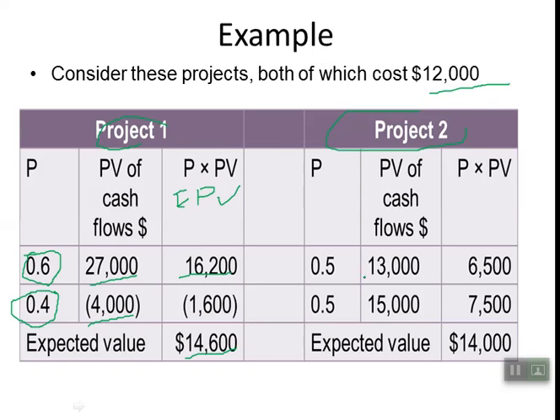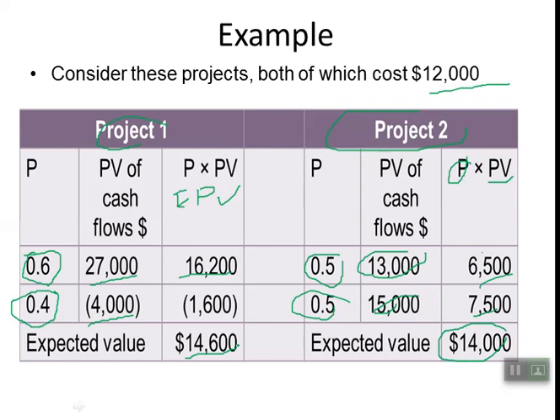So for project 2, these are the probabilities 0.5, 0.5, and these are the cash flows. As I said, to get the expected present value, you get the probability of your cash flows, then times the present value cash flow. So we are getting this times this, we get this, and this times this, we get this. So the total here is going to give us 14,000.